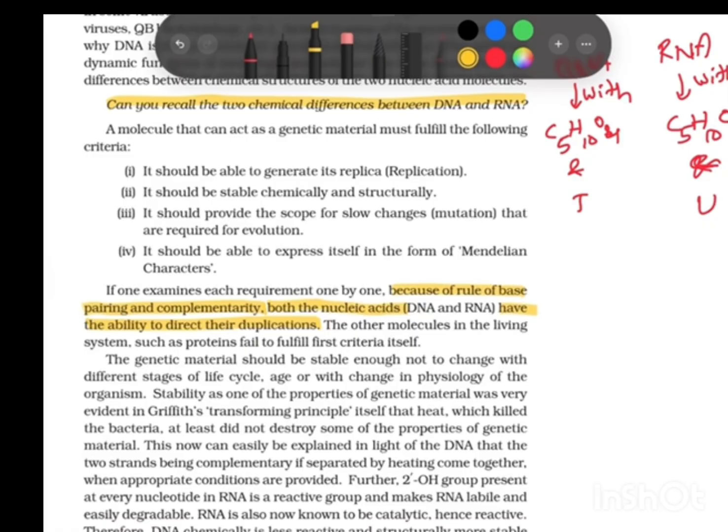Adenine double bond thymine, guanine triple bond cytosine, you know that. In RNA also the same type of bonding is there. They have the tendency to bind with each other, adenine with uracil, guanine with cytosine, of course, but it is not double stranded. It is only single stranded. So complementarity is not needed. It is not expressing that function actually. So being single stranded, it is not forming its own copy. It is formed from the DNA.